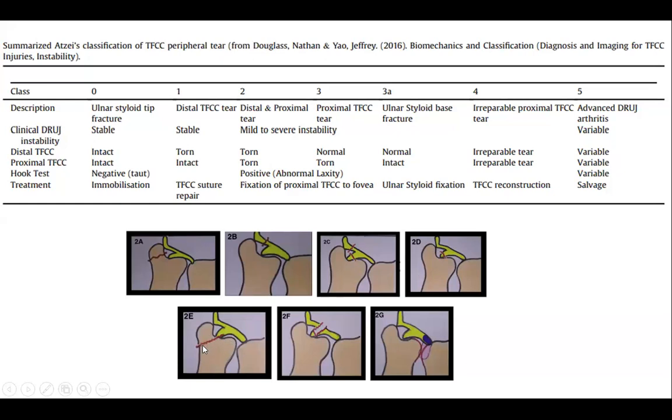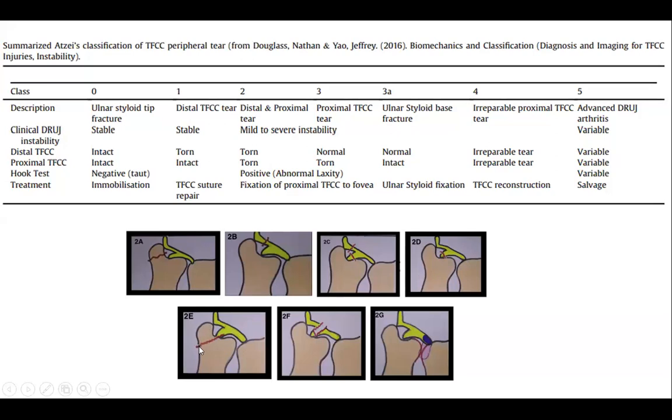So type 3A, this is ulnar styloid base fracture. DRUJ instability will not be there, and distal and proximal TFCC are intact. The hook test can be positive depending upon the extent of involvement of this fracture extending into the TFCC.